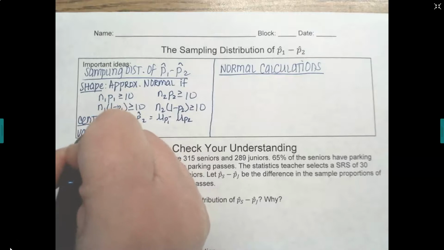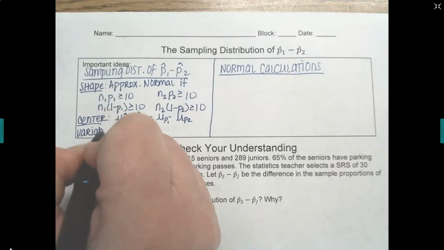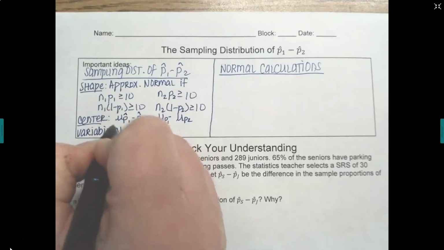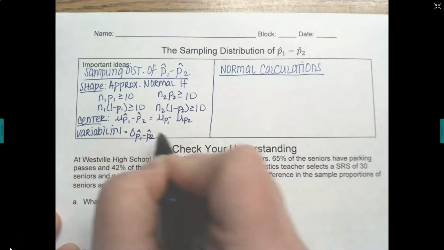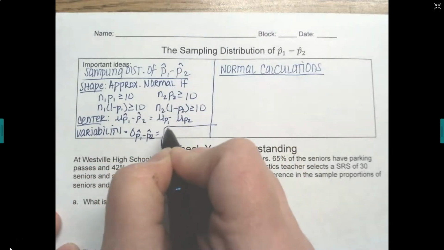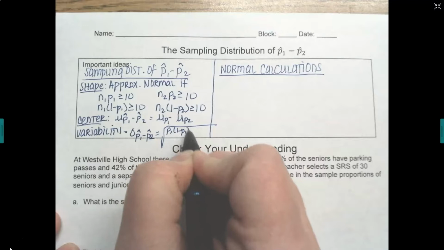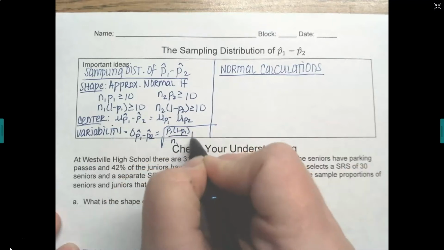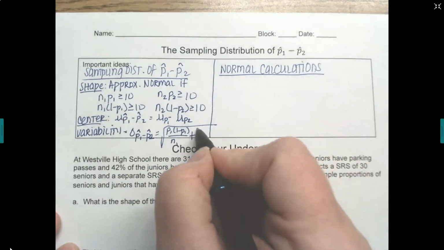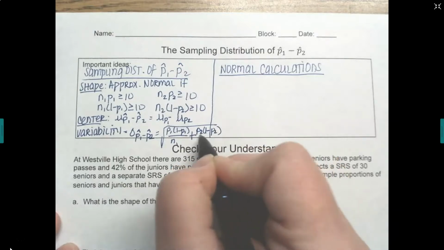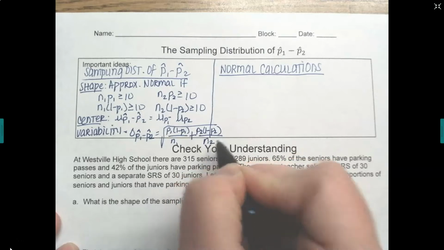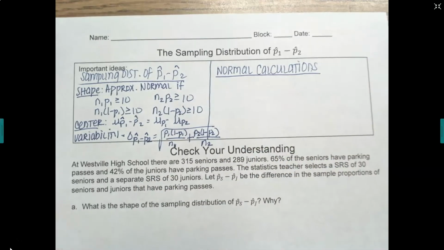And our last is our variability, which we usually are talking about standard deviation here. And you're adding there even if you might be subtracting and looking for the difference of proportions. Okay, so those are those formulas summarized for you.